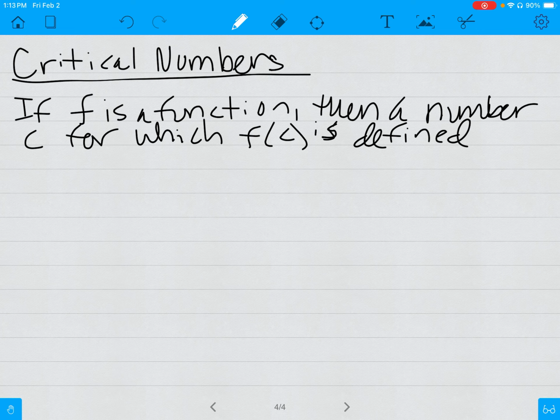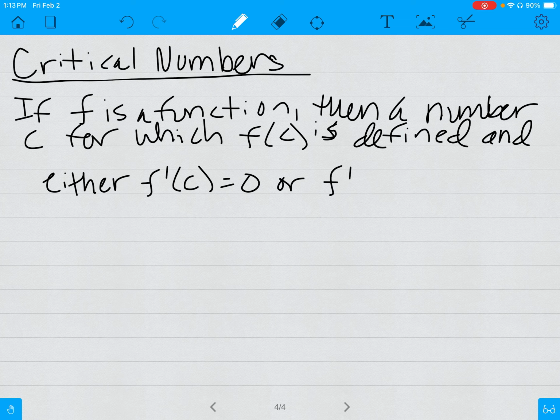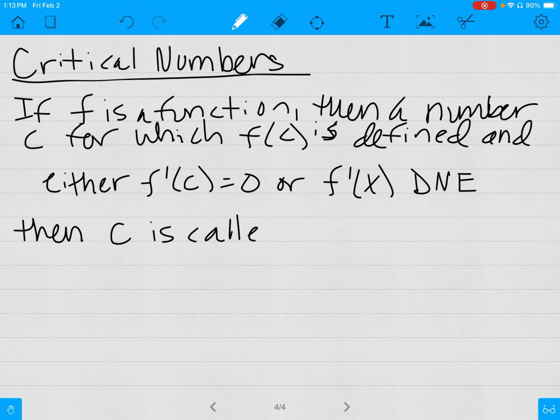So we have a number c for which f of c is defined, and either f prime of c equals 0 or f prime of c does not exist, then c is called a critical number of f.